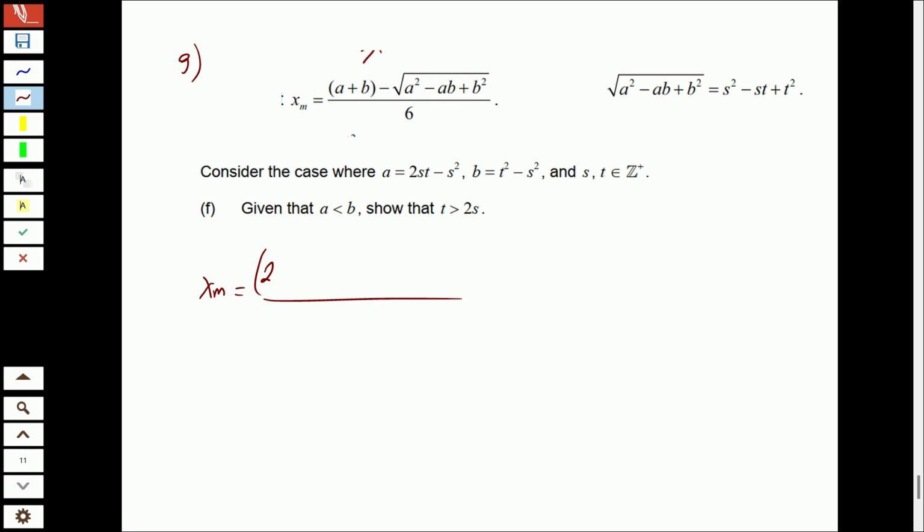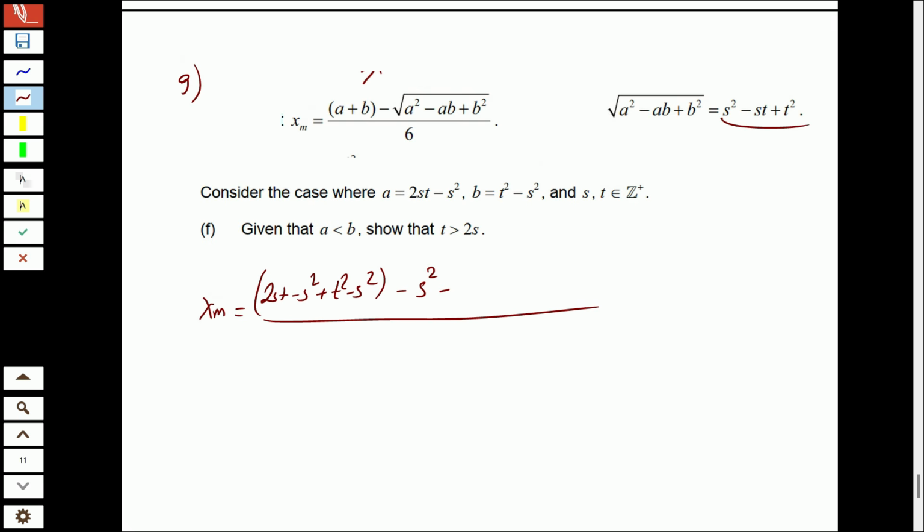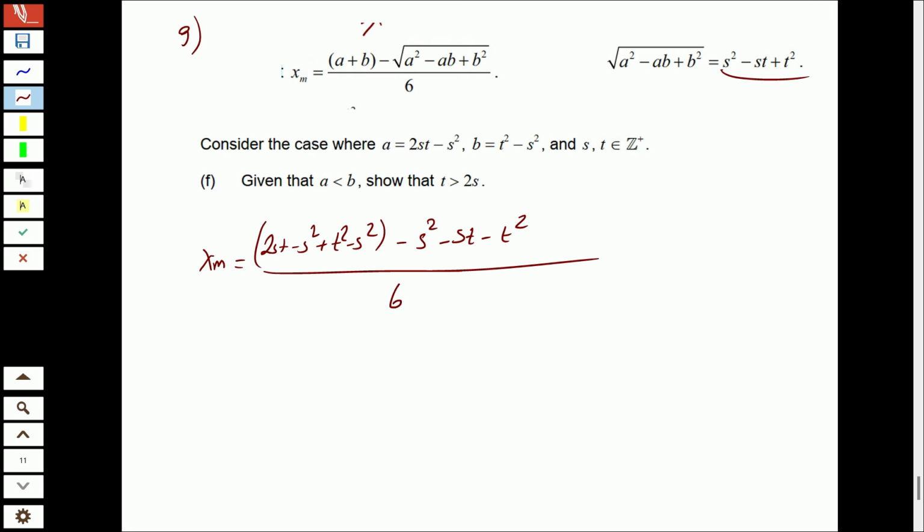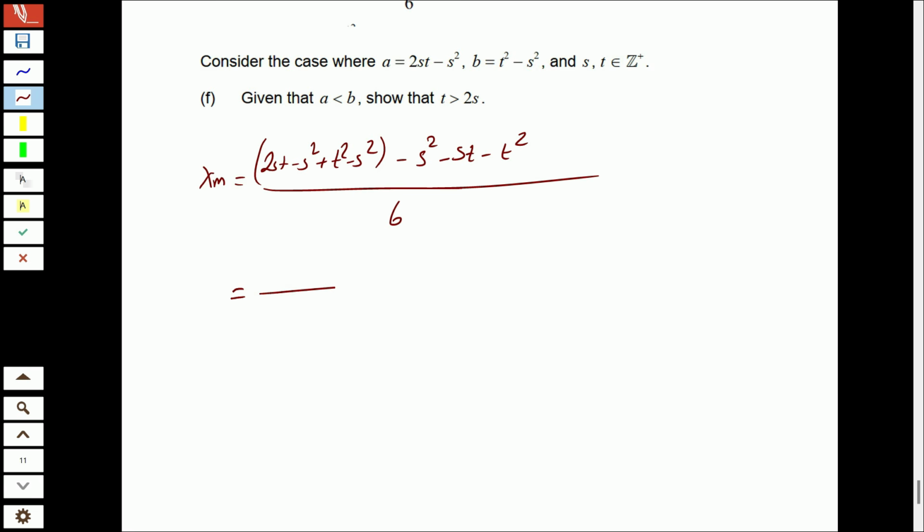I know that 2st minus s square plus t square minus s square minus the square root, we don't need to write all of the expression in the square root because it's given like this. If you just change the sign, a square plus st minus t square will be divided by 6, and simplify the numerator.